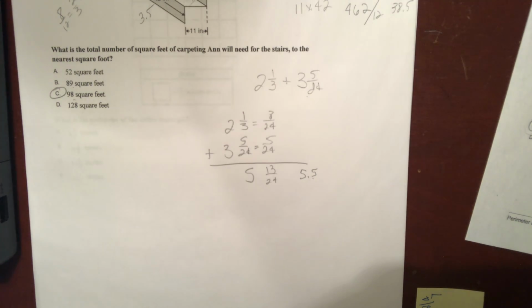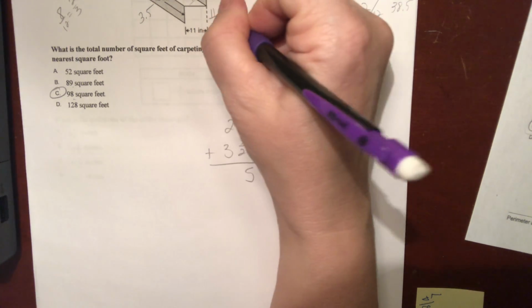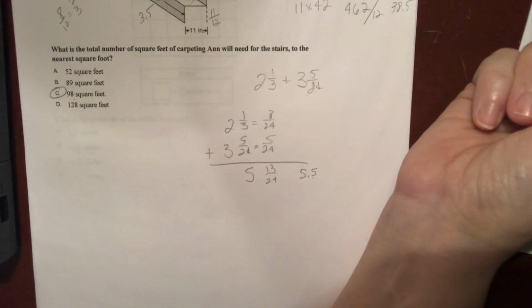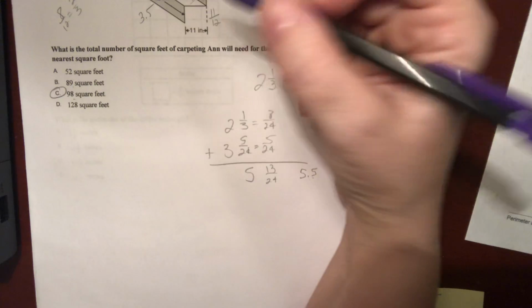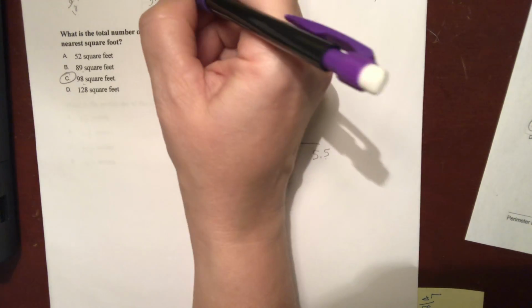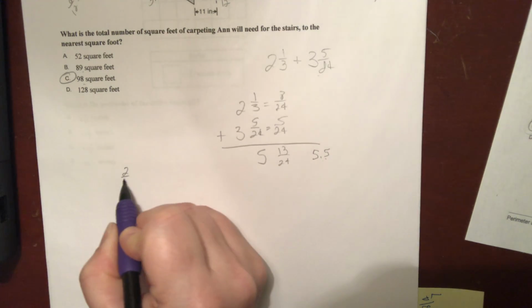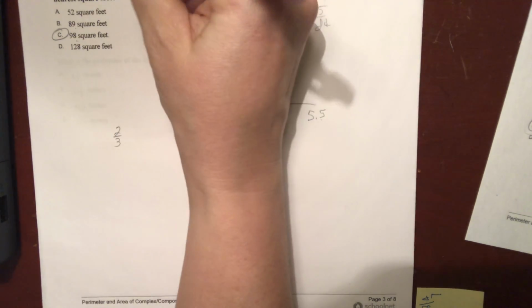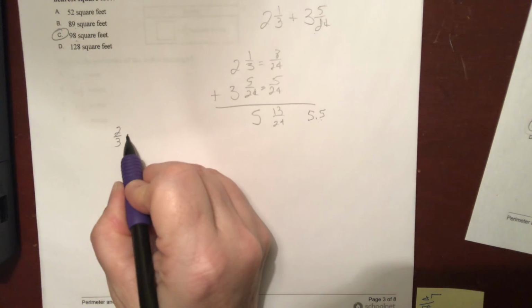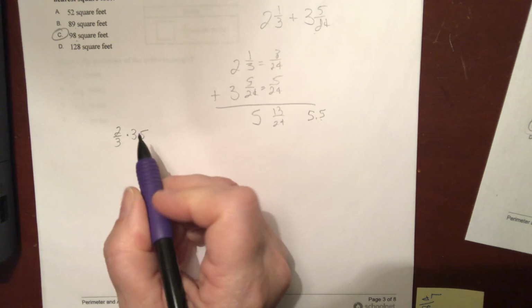And 11 divided by 12, well, we'll just make that 11/12 of a foot. All right, so the front is 2/3, which is this way, times 3.5, which is this way.